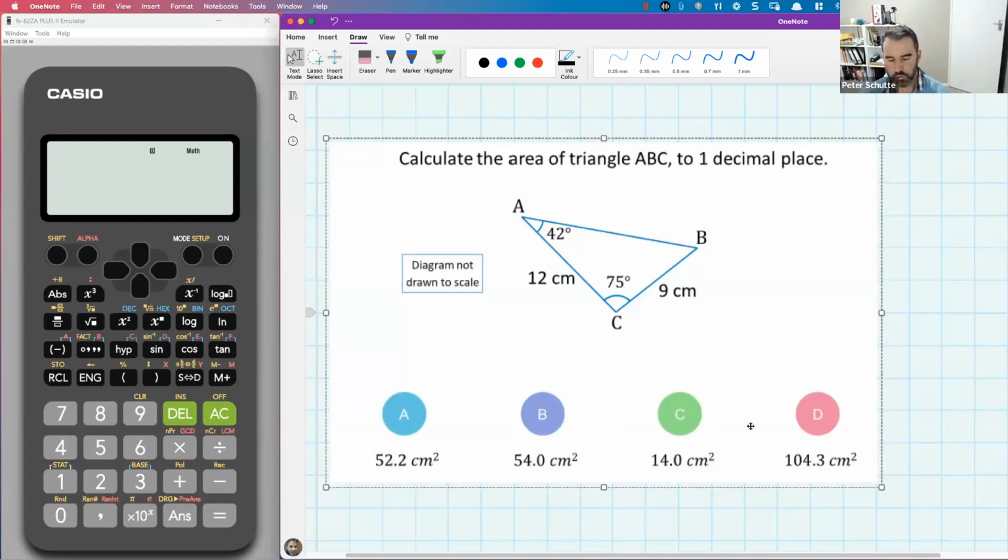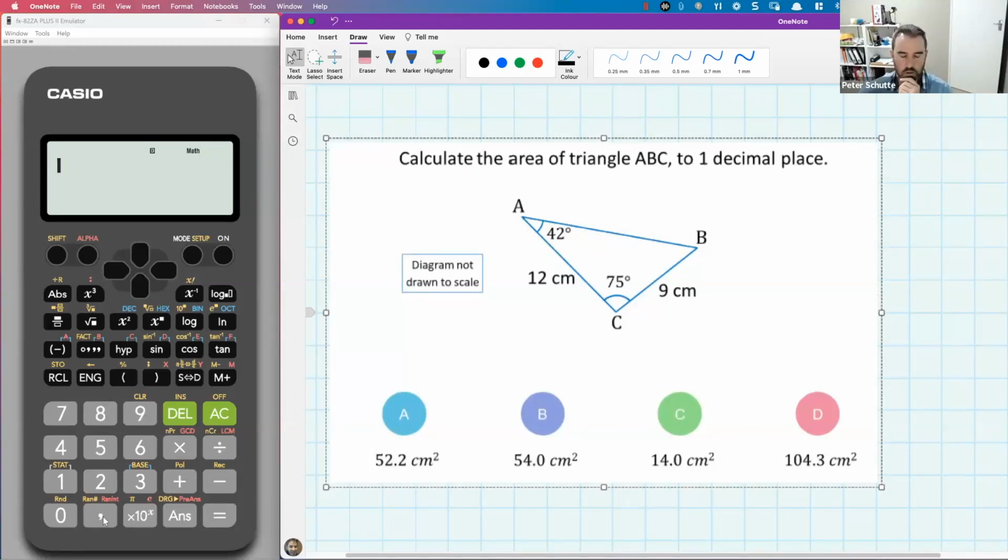So ask yourself, what do you need in order to apply the area rule?